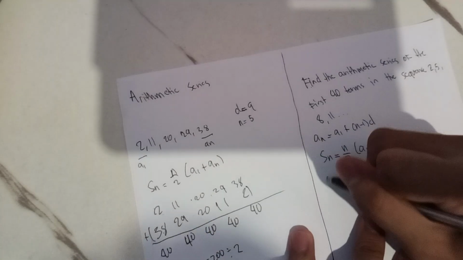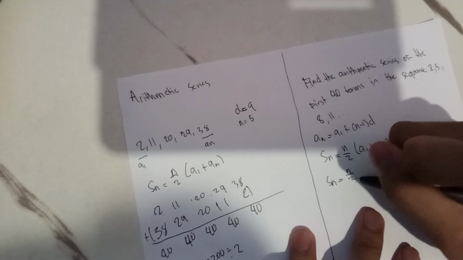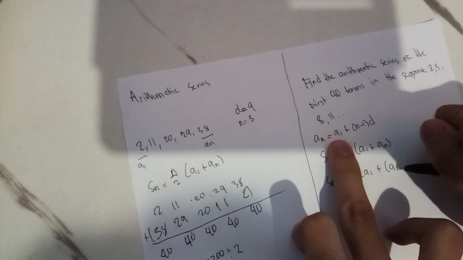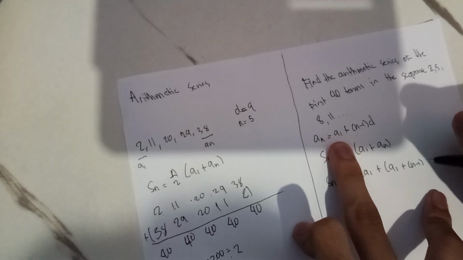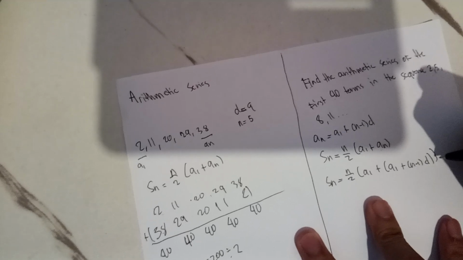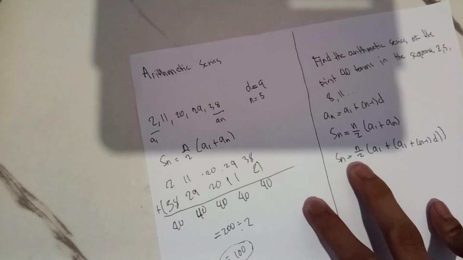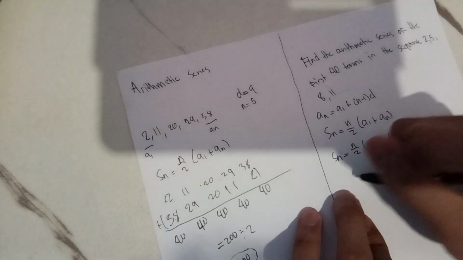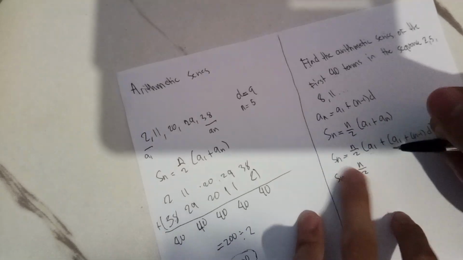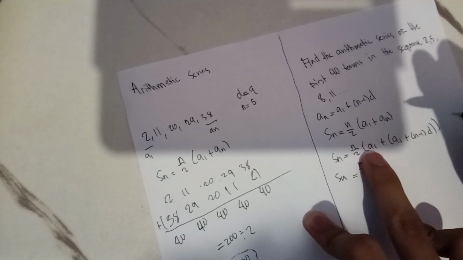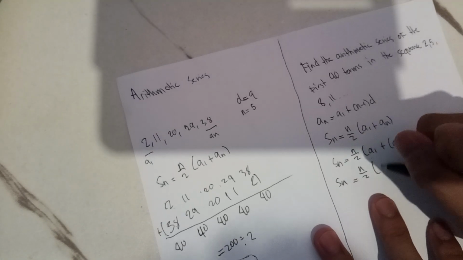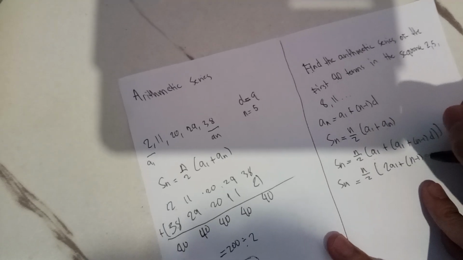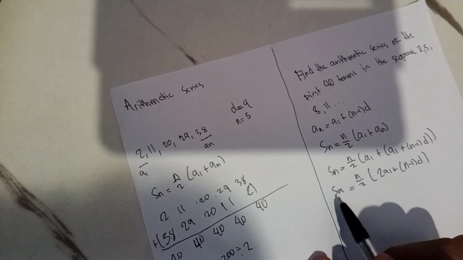So, our new formula is Sn is equal to n over 2 times a1 plus a1 plus n minus 1 times d. So these two we can combine it. So Sn is equal to n over 2 times the value of a1 plus a1, that's 2a1, plus the value of n minus 1 times d. So this is our new formula.